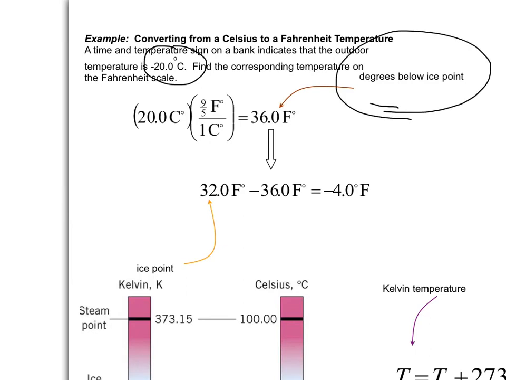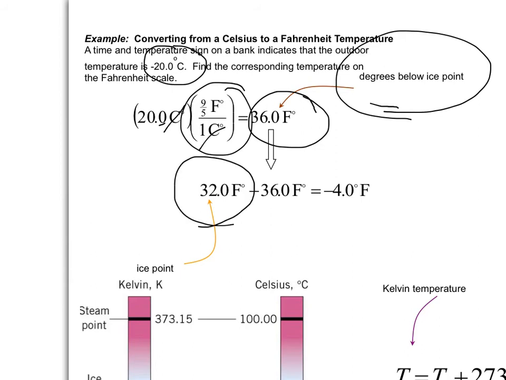All right, so we can take our conversion of 20 degrees and, because we know our conversion factor, we set things up with dimensional analysis so that the centigrades cancel out, multiply across, and we know that we're 36.0 degrees Fahrenheit below the ice point.